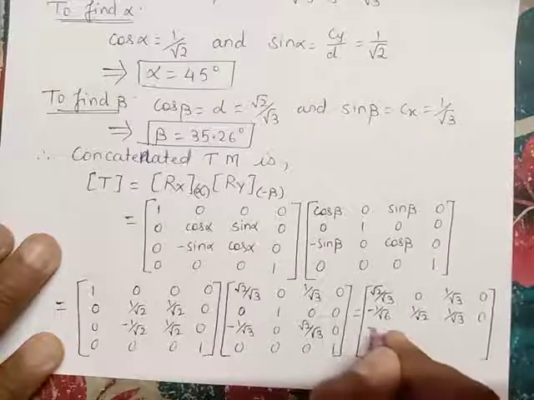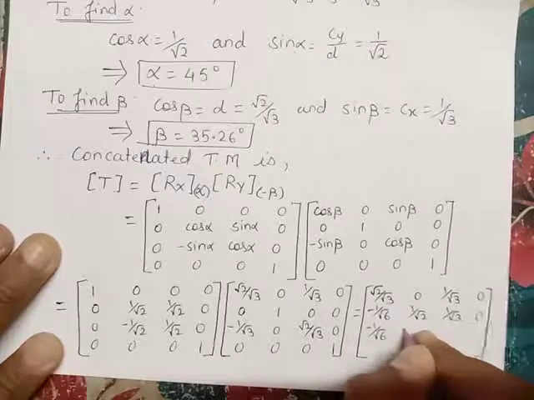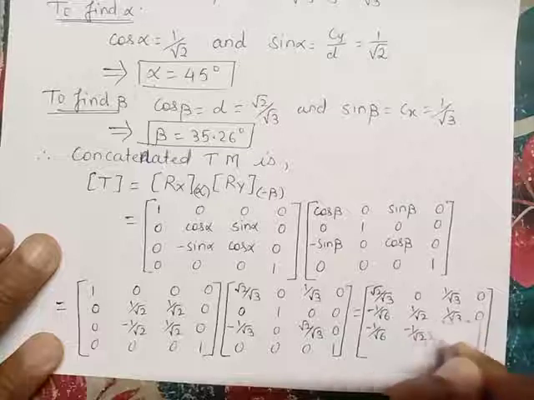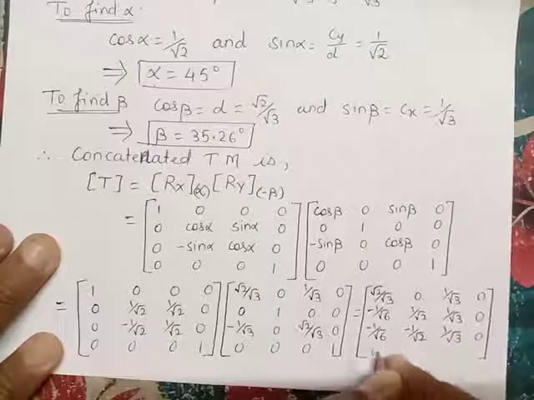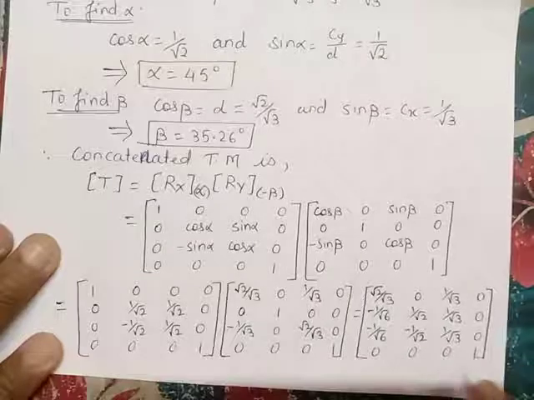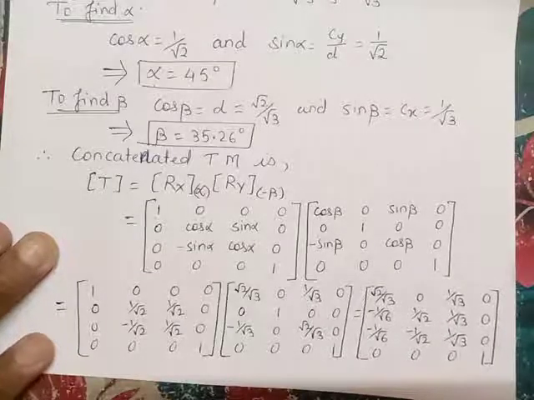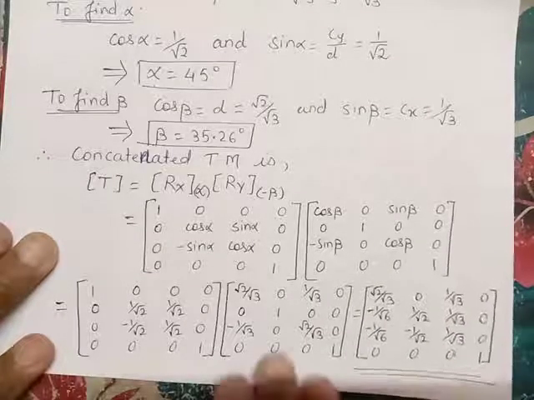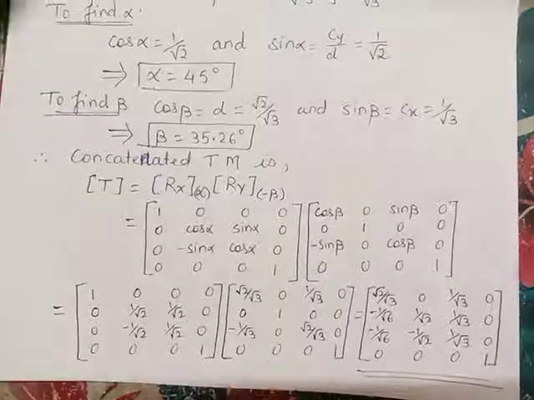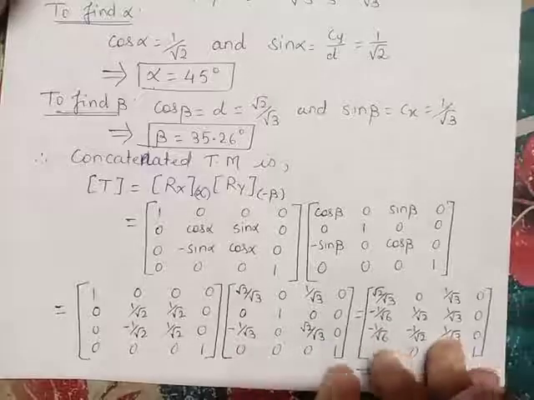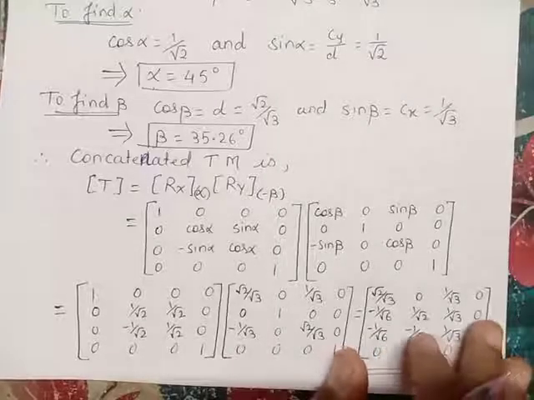Minus 1 by root 6, minus 1 by root 2, 1 by root 3, 0. 0, 0, 0, 1. This is our required concatenated transformation matrix for making this plane coincident with z equal to 0 plane.